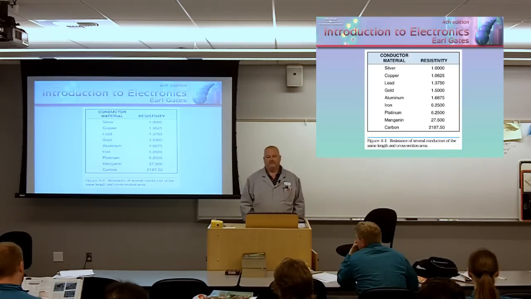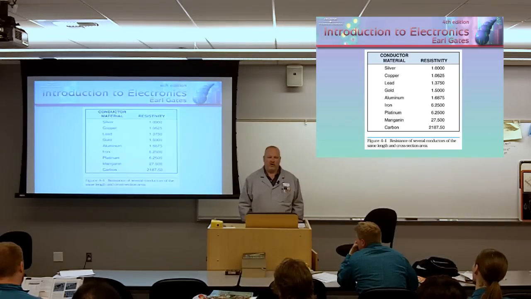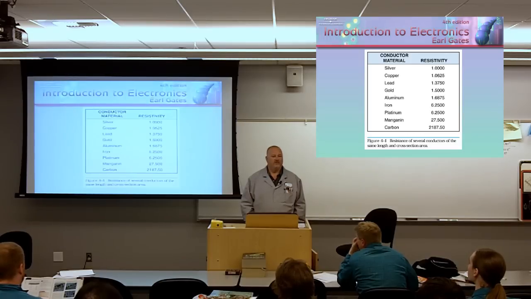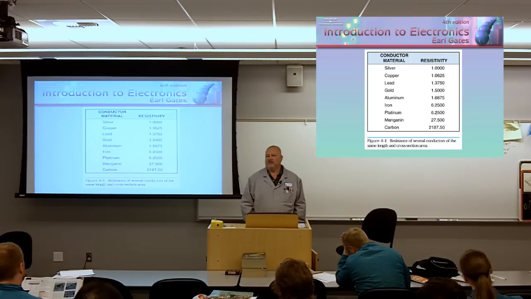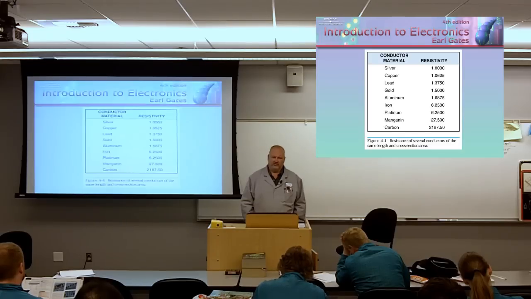So silver has the least resistance, it's the best, so therefore it has a resistivity we use as a benchmark of 1.000. So do you understand the difference between resistivity and resistance? Resistance is measured in ohms. Resistivity compares everything to silver.